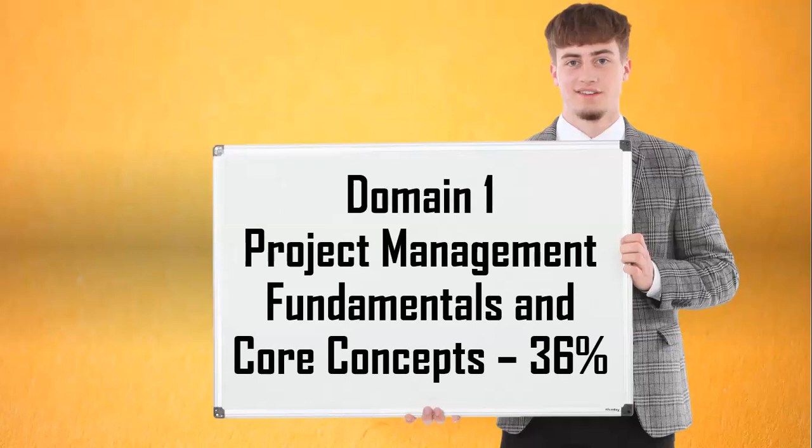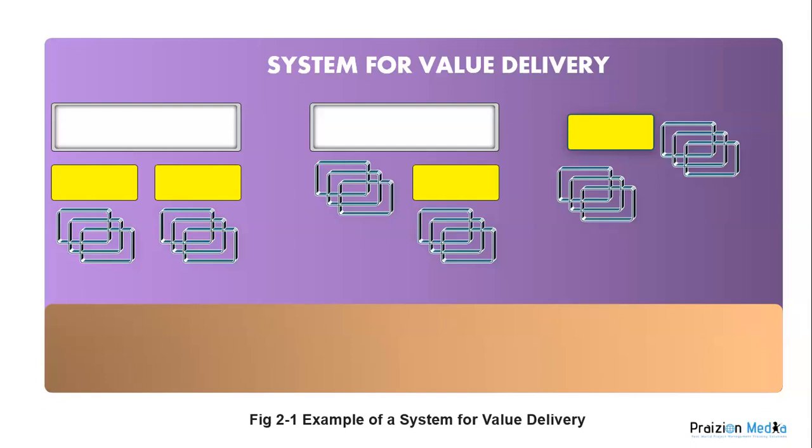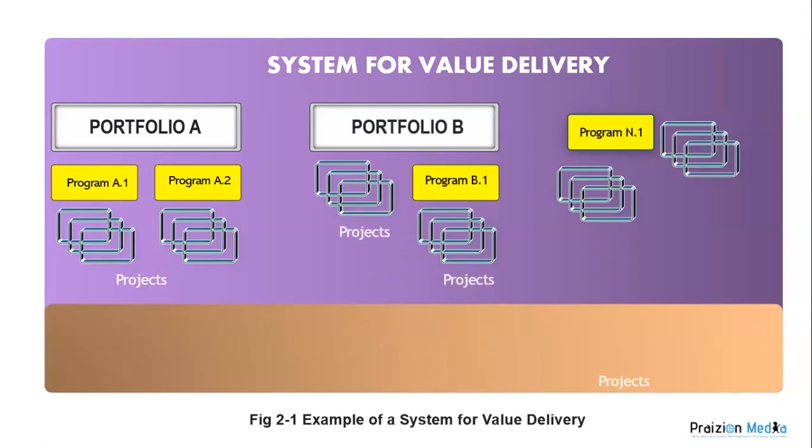Domain 1 is covered. Domain 2 is covered. Domain 2 goes a little bit more into the stuff I was alluding to. So the value delivery system, we have this system that the PMI has illustrated portfolios with programs and projects, and how all of these relate and how they exist in a system of sorts.